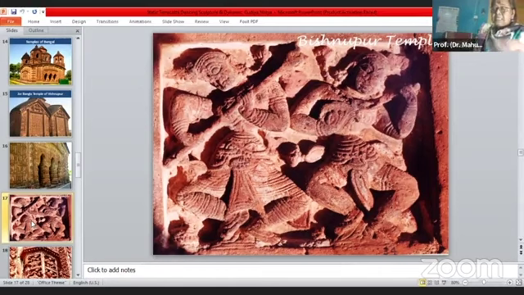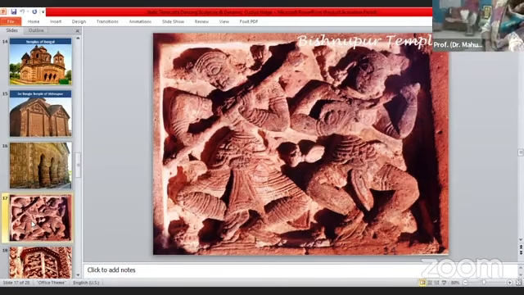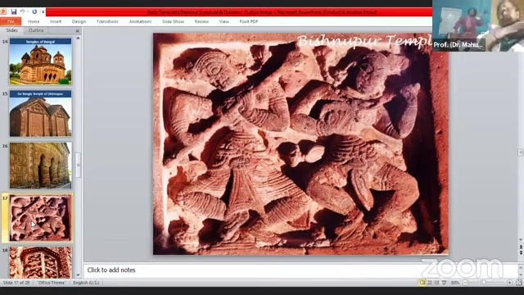And you can see in the terracotta temples the dancer is dancing with instruments, string instruments, they're playing.